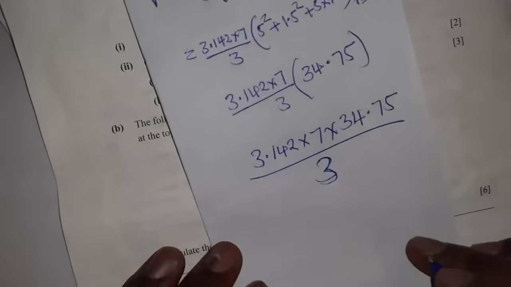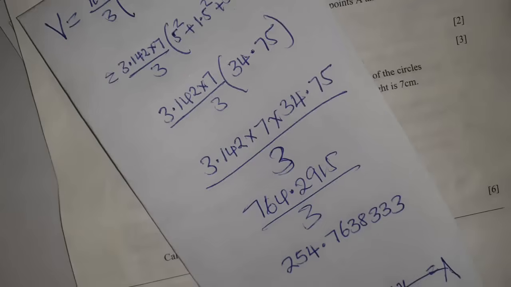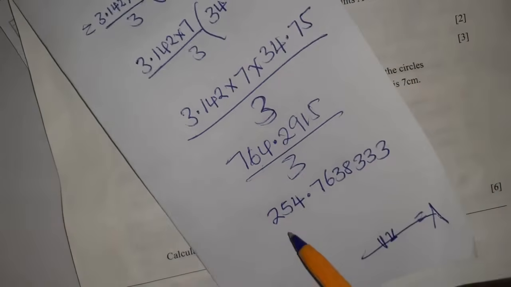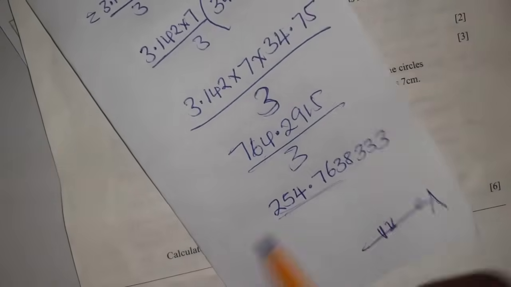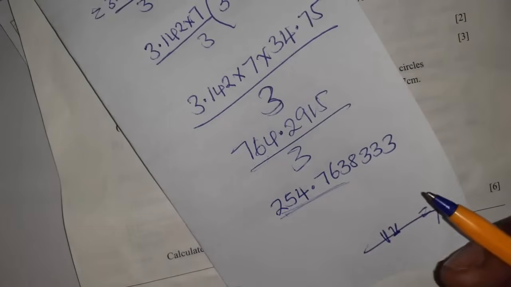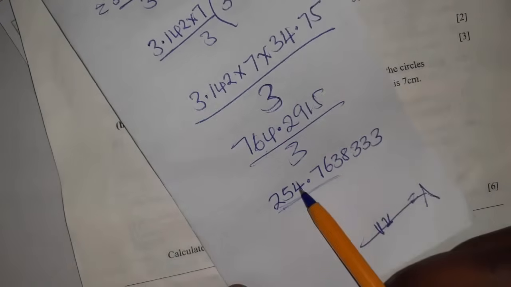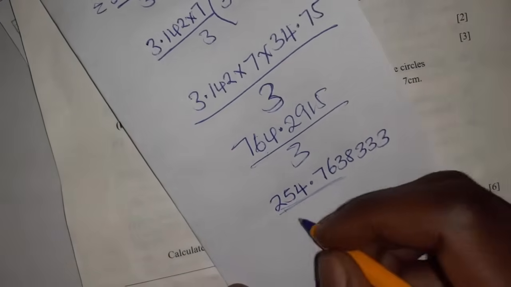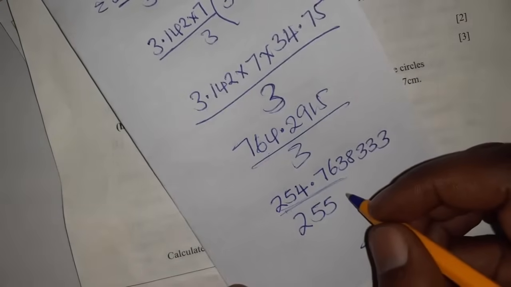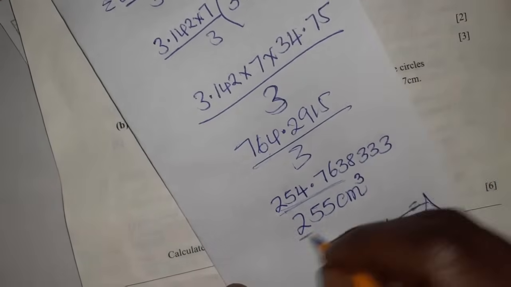Let's get the assistance from the calculator. When you multiply these ones, they'll give you this. When you divide by 3, this is what you're going to get. Your final answer should have how many significant figures? Three significant figures. So 1, 2, 3. So we're going to have 255 centimeters cubed.